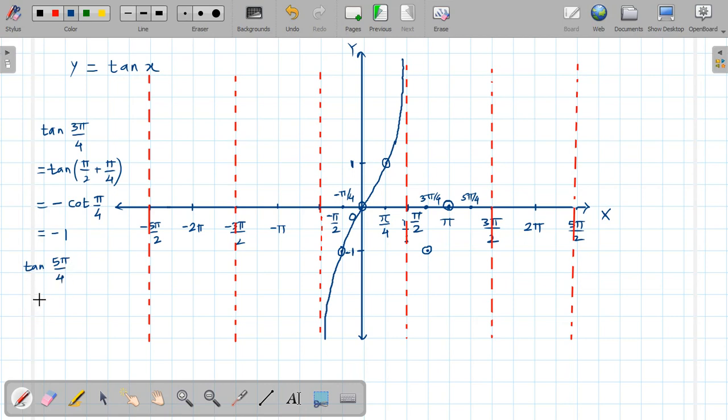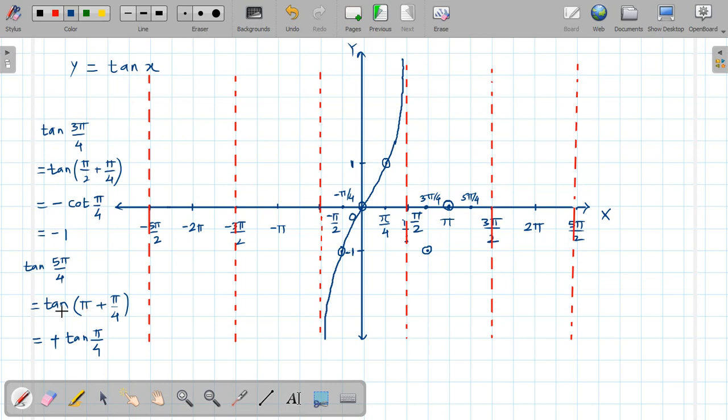Tan 5 pi by 4 can be expressed as tan of pi plus pi by 4. Pi plus pi by 4 means third quadrant, and in the third quadrant the tan ratio is... sorry, in the third quadrant the tan ratio is positive, so tan of pi plus pi by 4 will be plus.